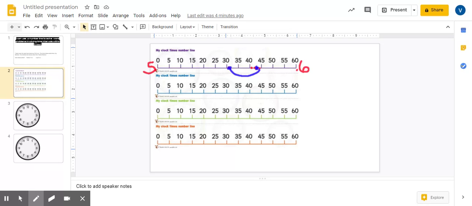Okay, let's think about this a minute. So, what is one possible way that you could figure out the difference between the two? If you said counting up from 31 to 43, you are correct.